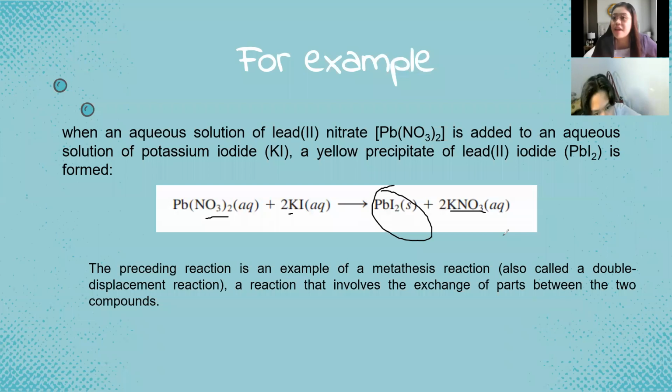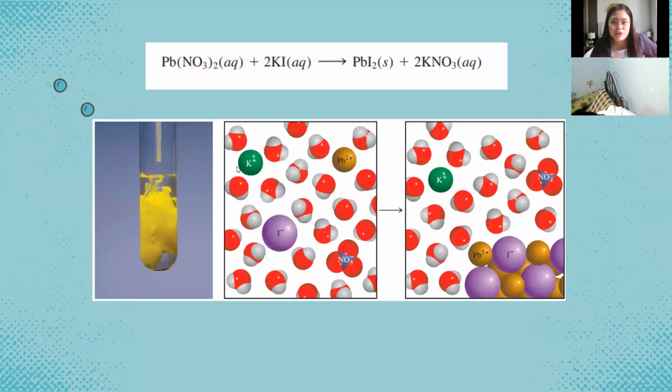So exchange partners. So do not forget, when we say precipitation reaction, it is still under the double displacement reaction. The only difference from the other double displacement reactions is that a solid substance forms.